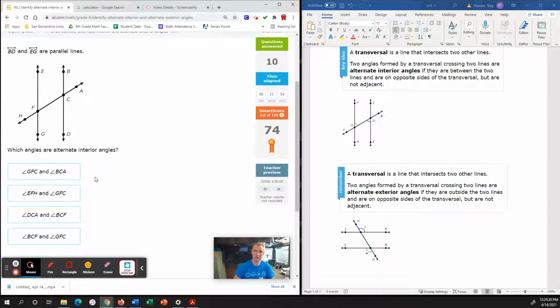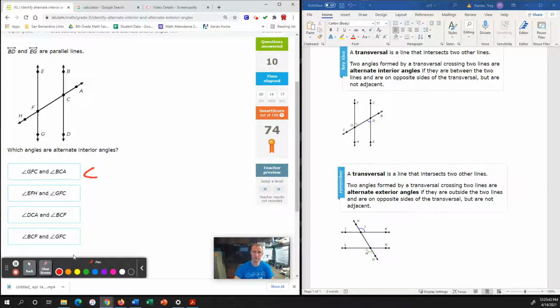All right, we got our next one. Ooh, they made it just a little bit harder. Notice that they have removed all four options starting out with the same angle. So now we're going to compare, just like we started out this tutorial, one by one to see if it works, because they're all different. Makes it a little bit more difficult, but it's the same thing. So here we go.